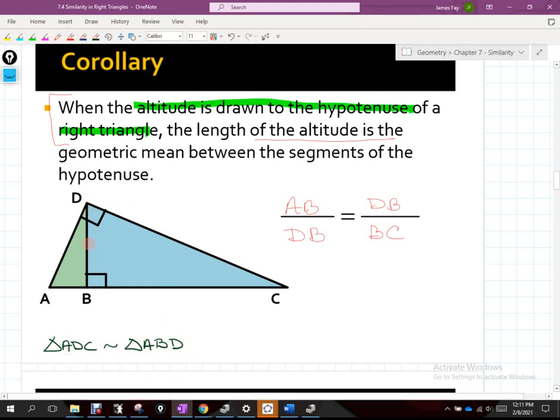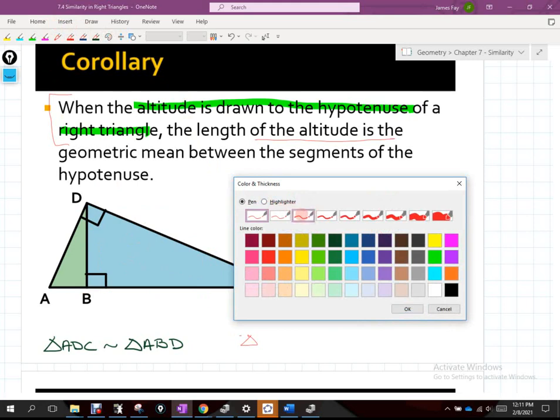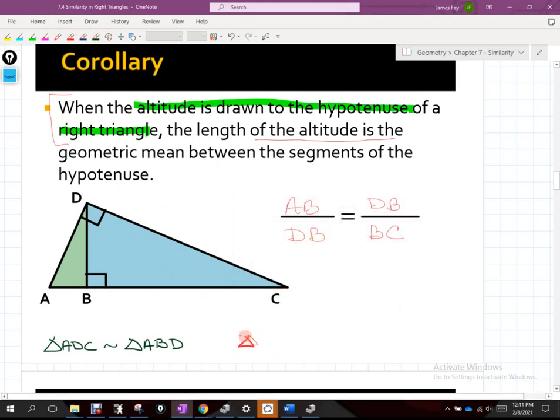We'll do the same thing for the blue one. Again, triangle A, D, C is the overall one. Now, this blue one, which angle does it share with the overall triangle in its entirety?